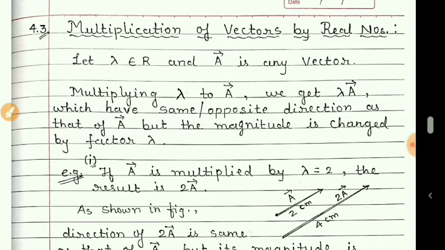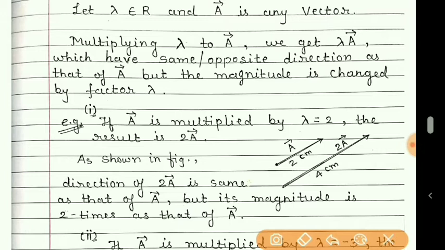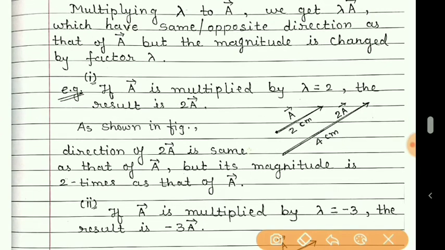Now here, what happens when this real number is multiplied to vector a? Here I have given an example that a is multiplied by 2, and 2 is a real number. Initially, you can see in the figure, this is vector a, its magnitude is 2 centimeter, that is, its length is 2 centimeter. Now when this a is multiplied by lambda, that is 2, 2 2s are 4.